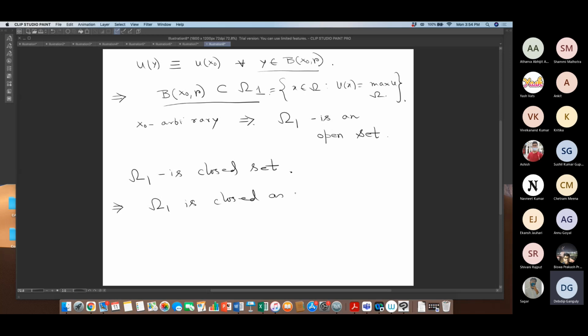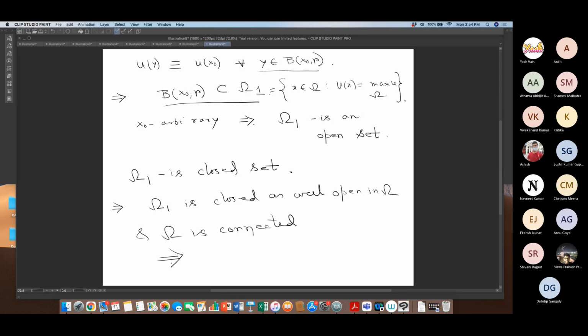as well as open in omega, and omega is connected. So what does it imply? Omega 1 is closed as well as open in omega, and omega is connected.